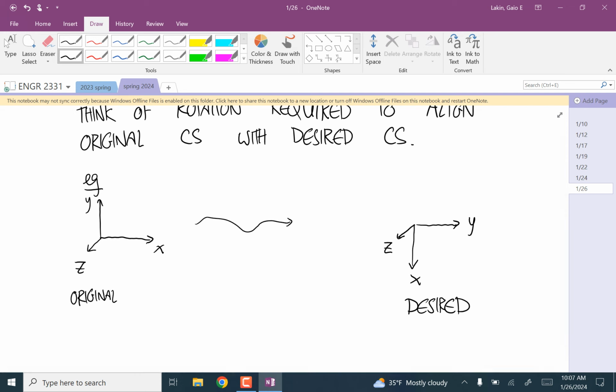You're rotating so that the x-axis is going from here to here, right? So that's a 90-degree rotation. It's happening about something parallel to z, okay? But notice that if it was a positive rotation about z, according to the right-hand rule, it would go the opposite way. So this is a negative 90-degree rotation about the z-axis.